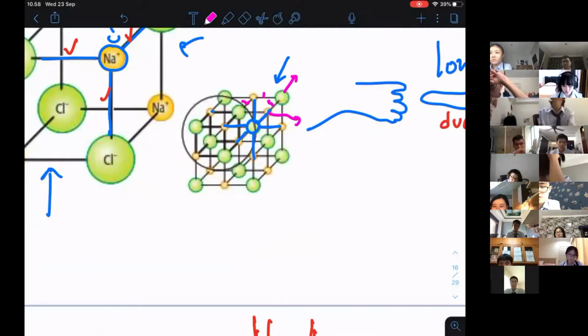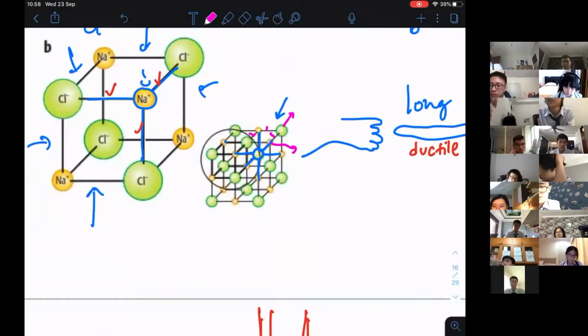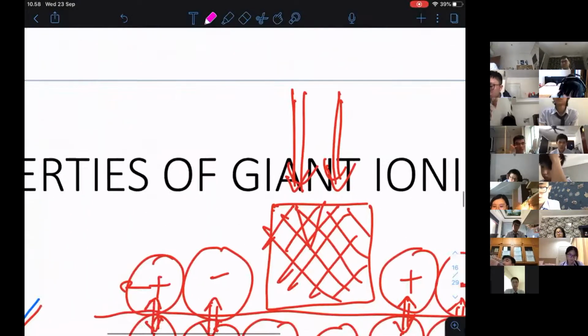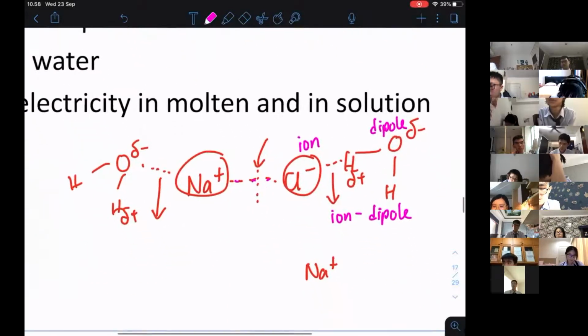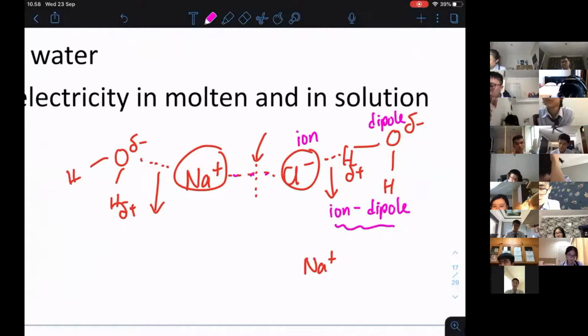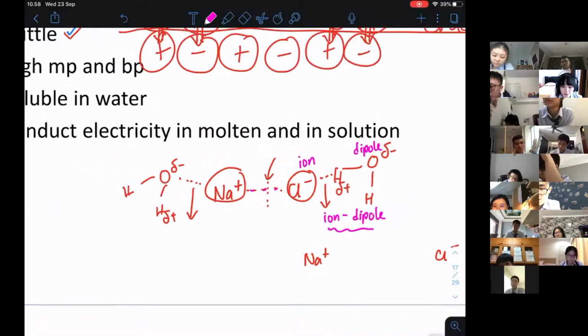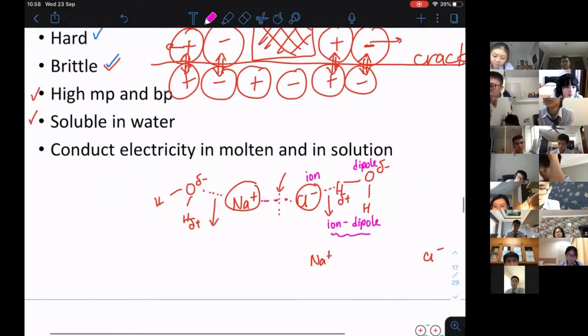Even though they are like this, the boiling point and melting point are really high. But because of the presence of water around them, they will form the bond, and this ion dipole bonding will break all these electrostatic forces of attraction. Then they will move away from each other. That is the reason why ionic compounds are soluble in water.